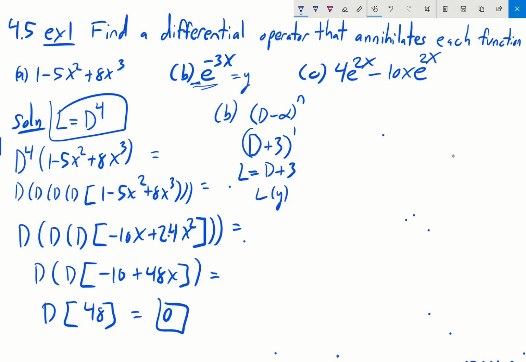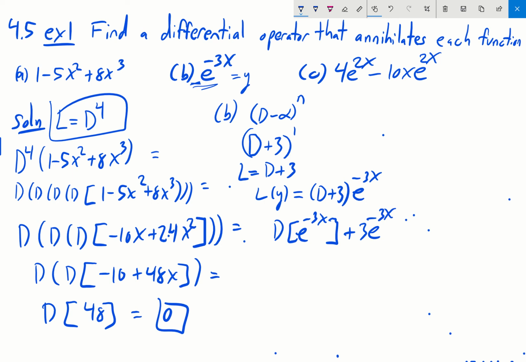So the linear operator D + 3 should annihilate y = e^(-3x). Let's go ahead and apply this. If we apply D + 3 to e^(-3x), you can distribute. This is going to be the derivative of e^(-3x) plus 3e^(-3x).